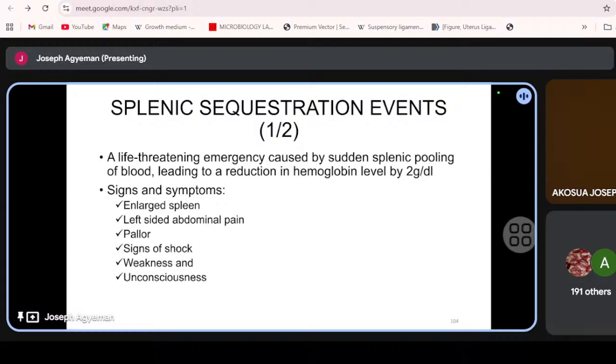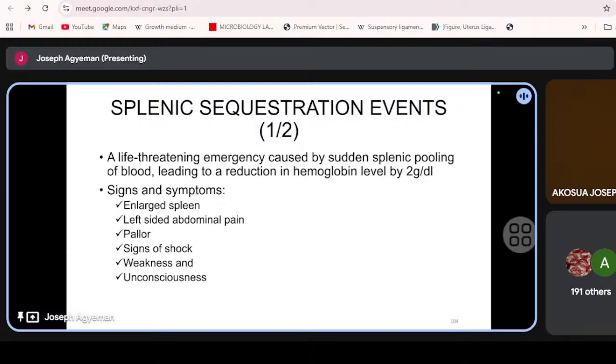How do we manage? Of course, you do your full blood count and you see reticulocytopenia, reduced reticulocytes with evidence of anemia, of course, low HB. How do you manage it? Supportive transfusion, again trying to bring in proper red blood cells with the proper hemoglobin, HbA. Please don't overshoot.